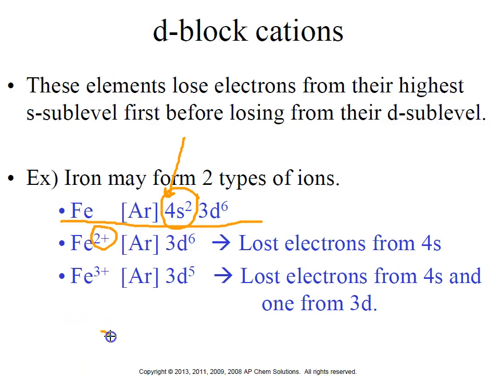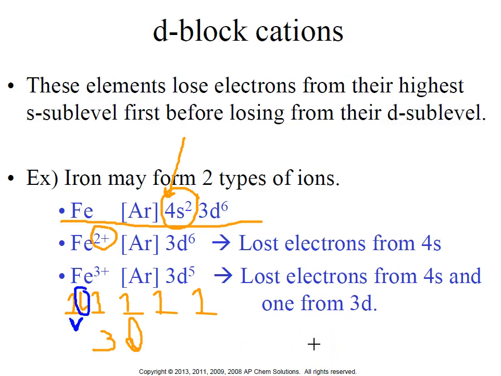And the reason it would want to do that, if you think about the setup of the 3d, you've got 5 orbitals. And then if you had 6 electrons, that'd be 1, 2, 3, 4, 5, 6. So iron would like to lose this one. See if I can get a different color here. This electron right here, because it's sharing an orbital.